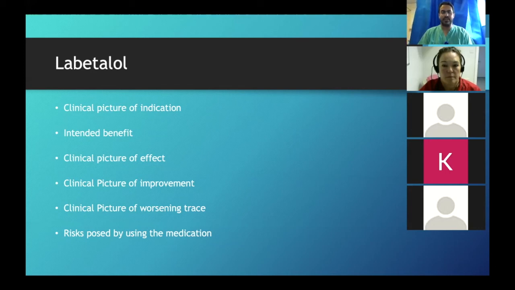The reason being is that I'm giving this as an antihypertensive. This medication crosses to the baby. What do you think the picture is going to look like on the trace once you've given somebody labetalol? So let's describe a trace. Will the baseline go down? So why would the baseline go down?